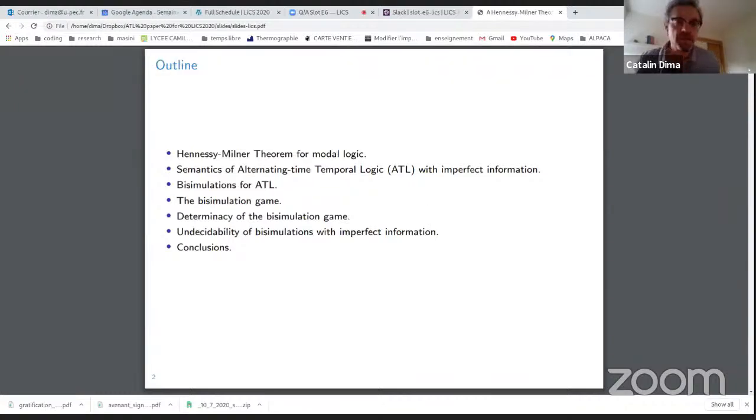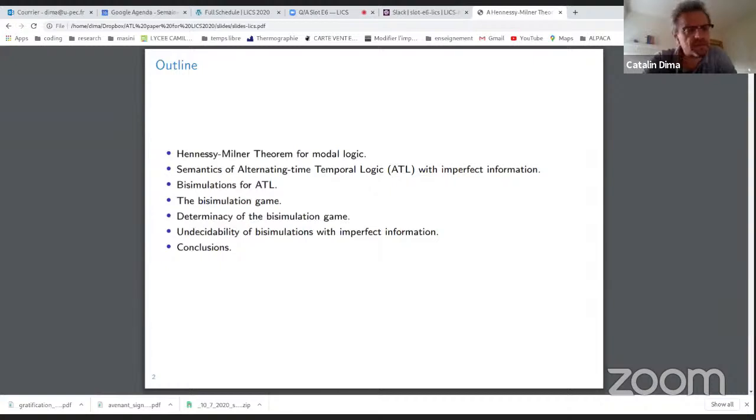Okay, fine. So our paper that we presented here is a paper about alternating temporal logic, which is a modal logic for specifying the existence of group strategies for achieving joint objectives, which may incorporate some temporal aspects as well as other strategic sub-objectives. And establishing a good notion of bisimulation would be a first step towards model theory for this kind of logic.